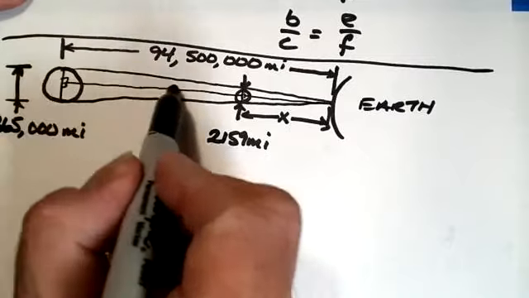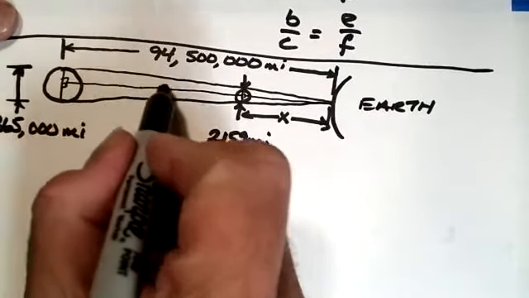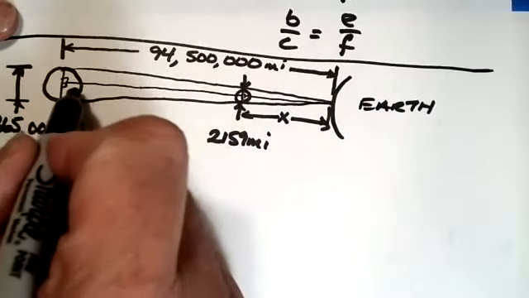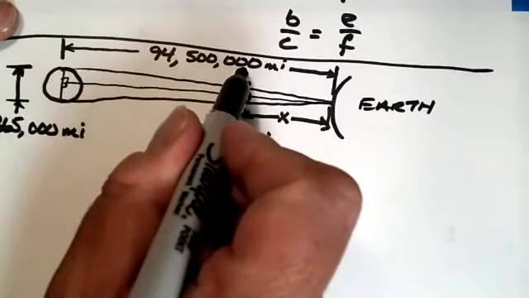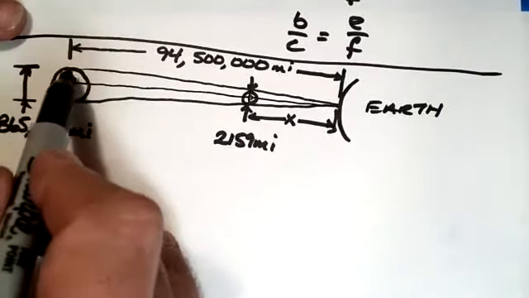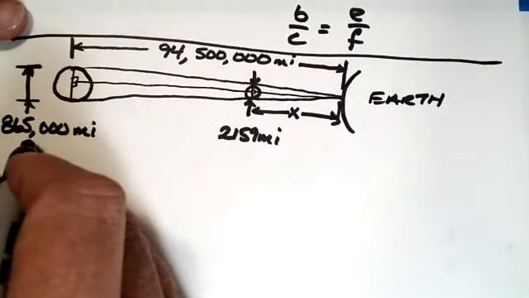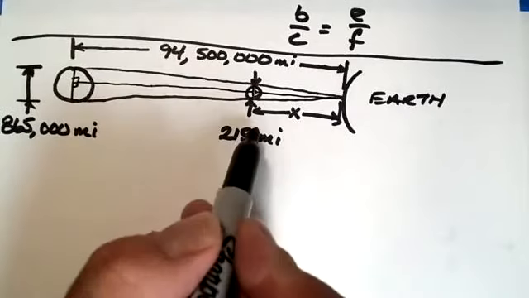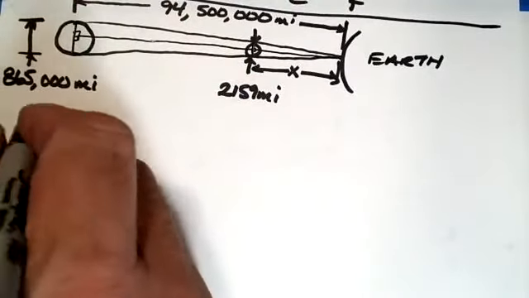So if we're just looking at this upper triangle, the distance of one of the legs of the right triangle is equal to 94,500,000 miles. And the radius here is one half the diameter. But you don't need to cut it in half because you're going to do the same thing with this one over here. So let me just write this ratio.